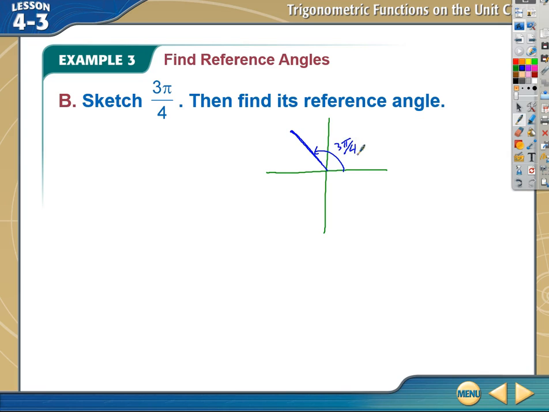And they want to know, find its reference angle. Well, again, I use the handy-dandy chart they have up there. I'm in quadrant 2. It says 3 pi over 4, I'm going to subtract 1 whole pi. So 3/4 of a pi minus a pi is equal to 1/4 of a pi. Pi over 4. And sure enough, that's my reference angle right there.